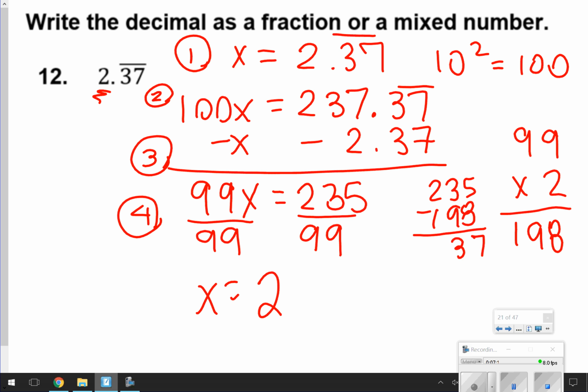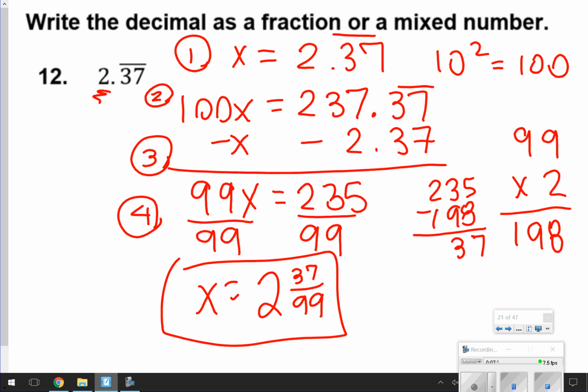So my answer is going to be 99 can go into 235 twice, with 37 remaining. I cannot simplify 37 and 99, so this is my final answer: 2 and 37/99. Maybe notice your hint right here.